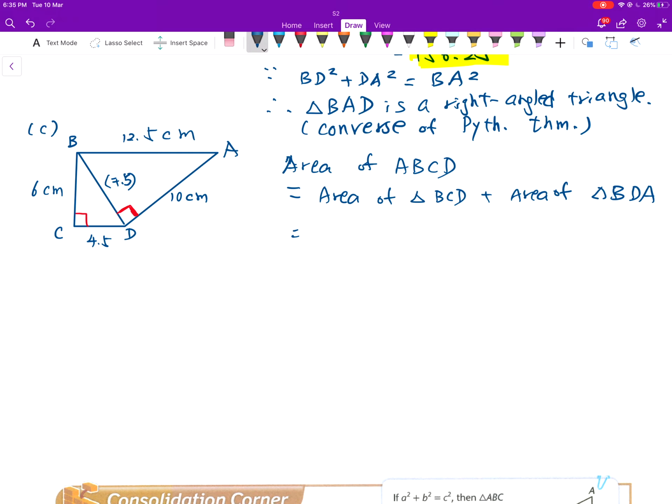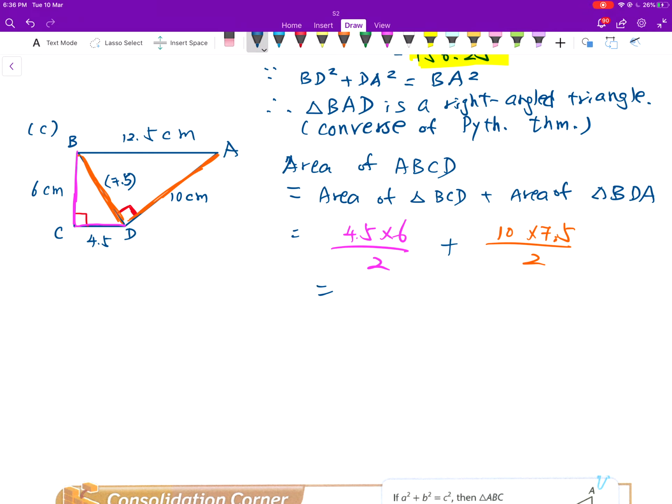So it is equal to the base 4.5 times the height 6, so 4.5 times 6 divided by 2. And we can also find the area using the length DA, 10, and the height 7.5, so 10 times 7.5 divided by 2.